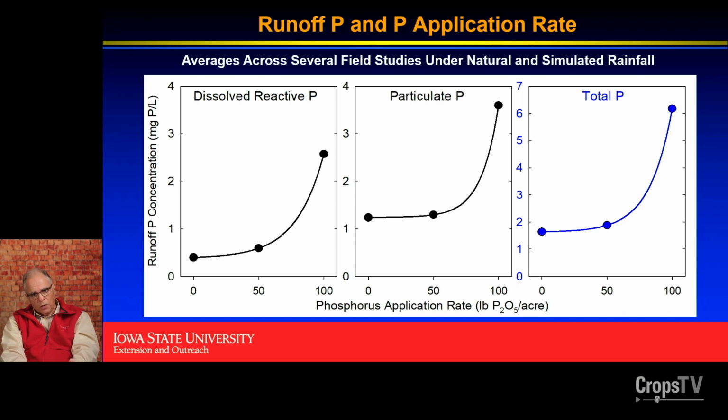We have 0, 50, or 100. Now, 50 is about the annual maintenance rate for corn-soy rotation. 100 is about the application that is needed to apply once for the 2-year corn-soy rotation.